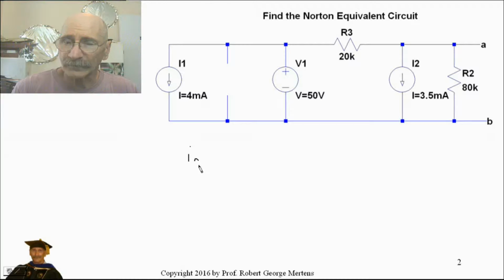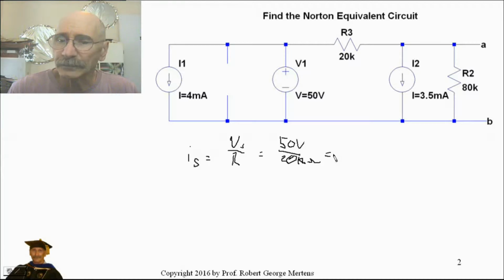I sub s is going to be equal to V sub s over R, and in this case your V sub s is 50 volts divided by 20 k ohms. Alright, and that comes out to 2.5 milliamps.